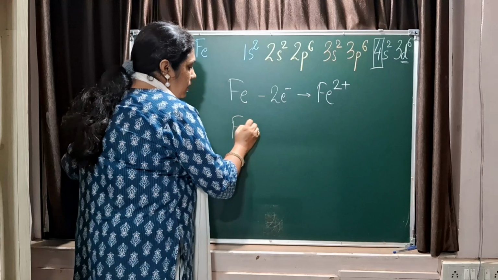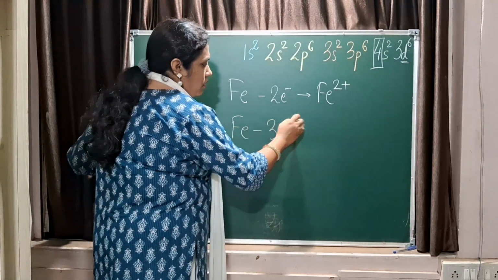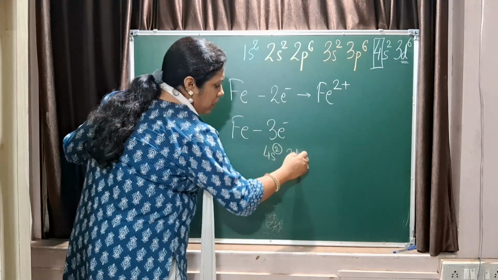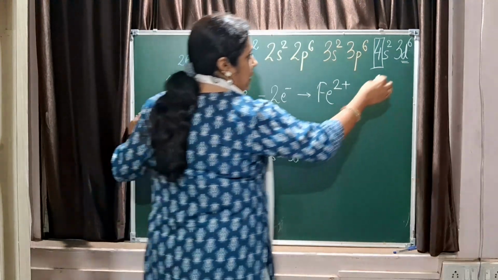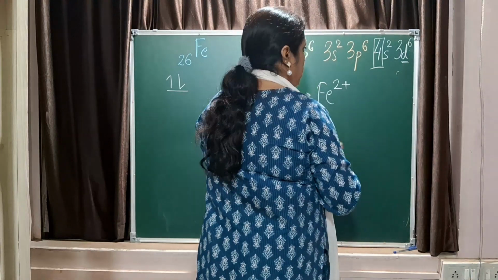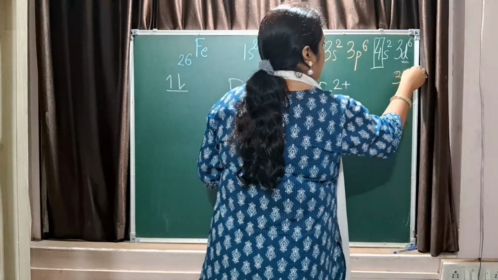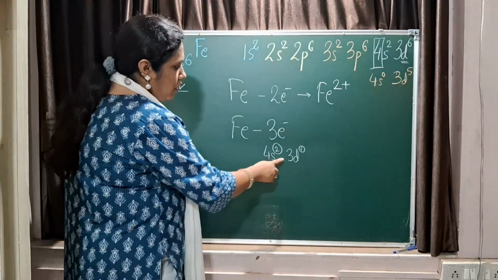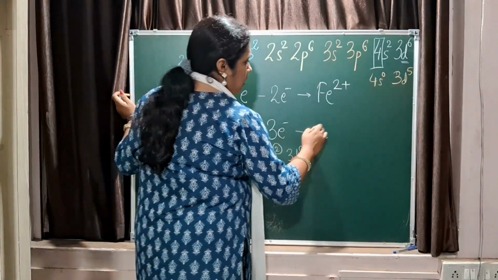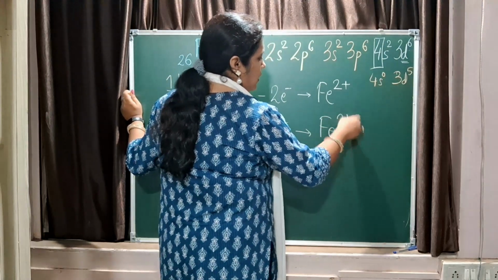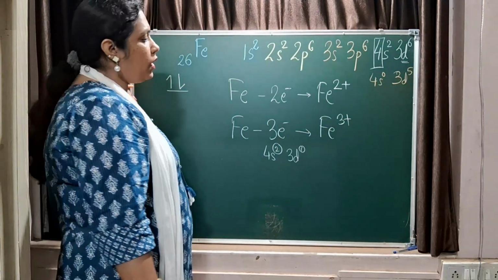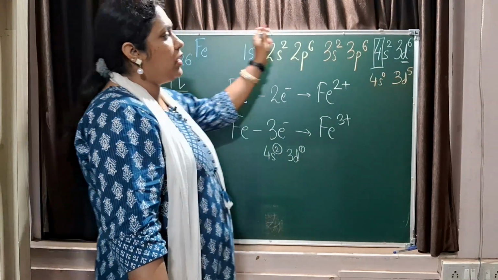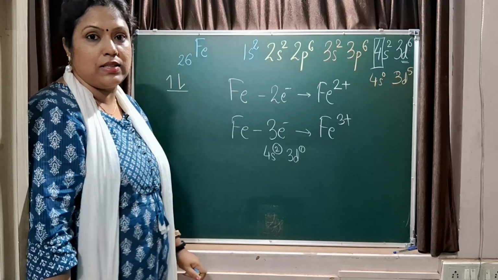And when iron loses 3 electrons, that means 4s2 and 1 from 3d, the new stable configuration is 3d5 and 4s0. So 3 electrons are lost, and you have the valency for iron as 3 plus, that is ferric iron.